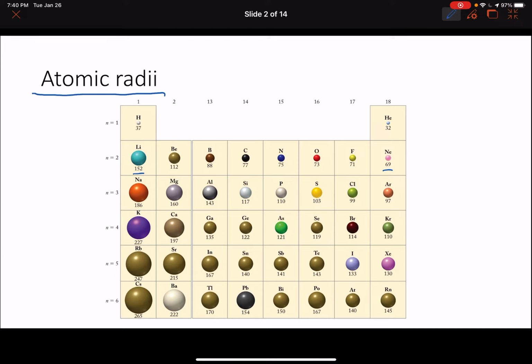So in general, skipping, of course, the transition metal block in the periodic table, considering only the main group elements and the alkali metals and the alkali earths and that P block, we see that in general, as we go from left to right, so we go across a period, it appears that the atomic radii of neutral atoms decreases.